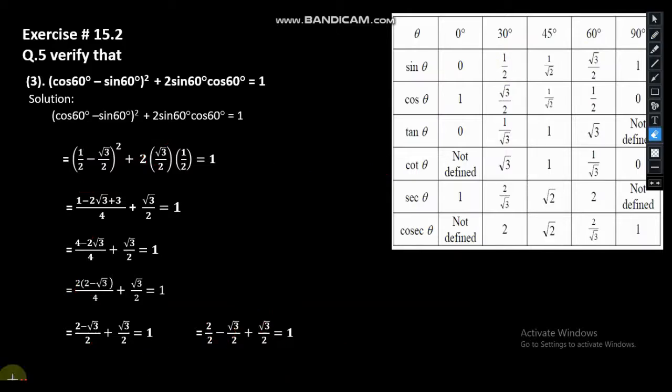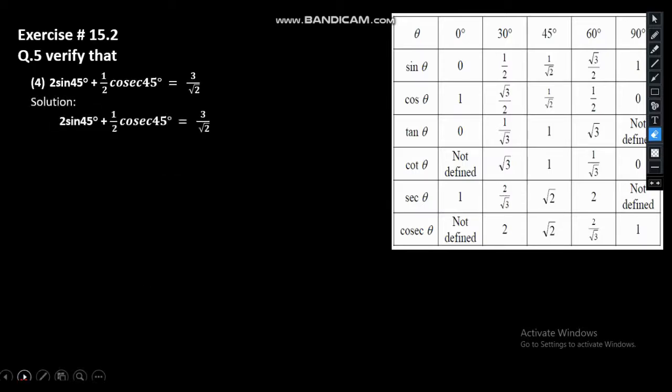Now next question. This is question number 4. Here the solution. 2 as it is, sine 45 degree is equal to 1 divided by under the root 2.